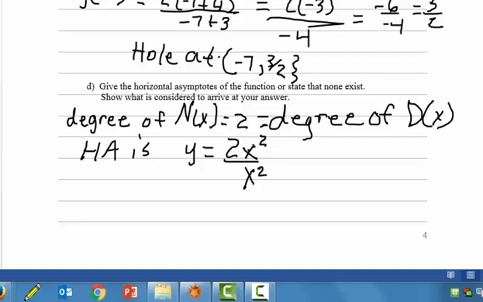These x squareds divide out to give 1. And we have y equal to 2 as our horizontal asymptote.